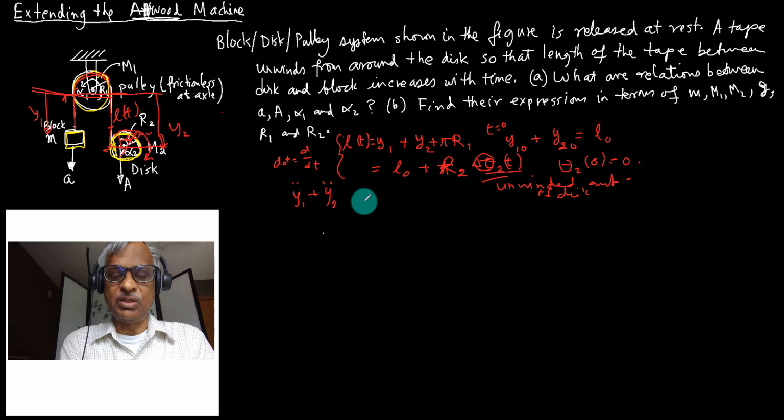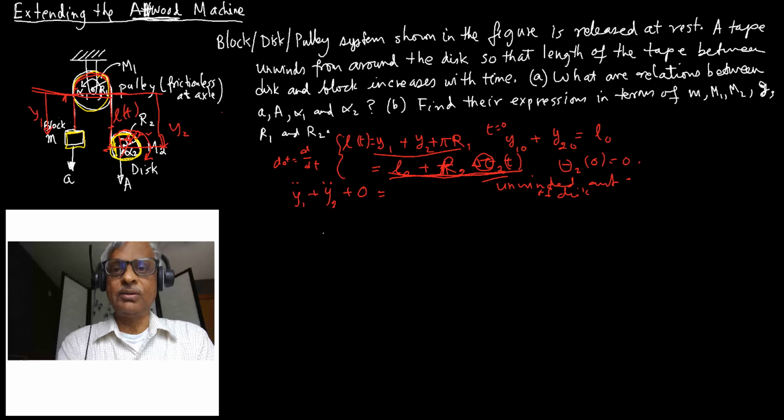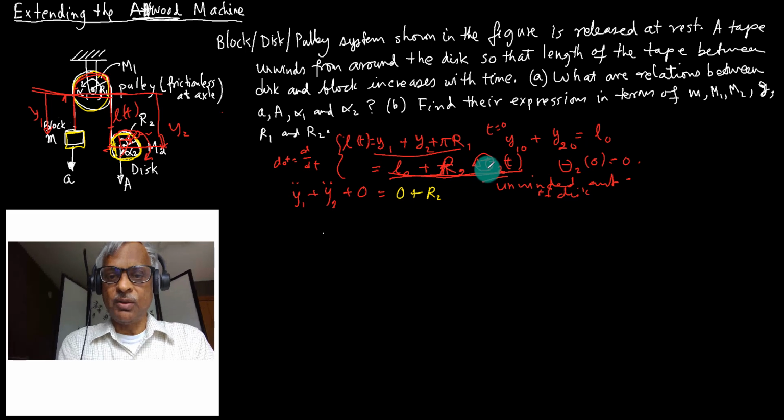So this is two time derivatives, plus 0 on this side, and so on this side we're going to get L0, we're going to get a 0, and then this R2 alpha 2.